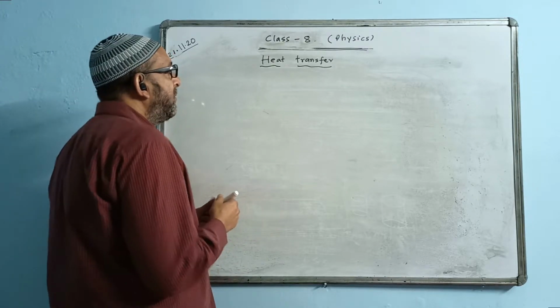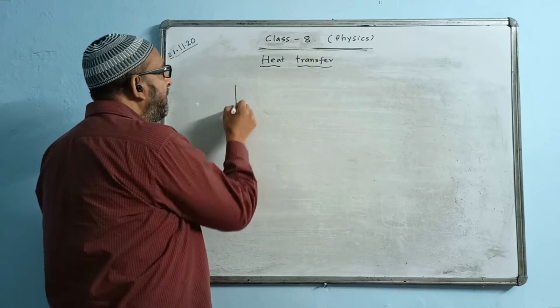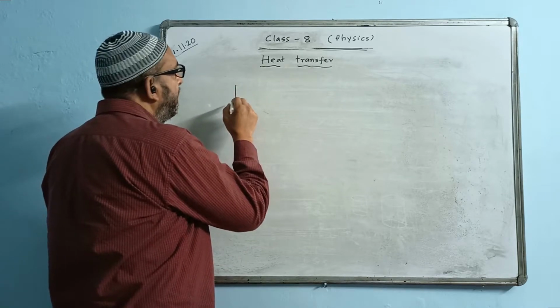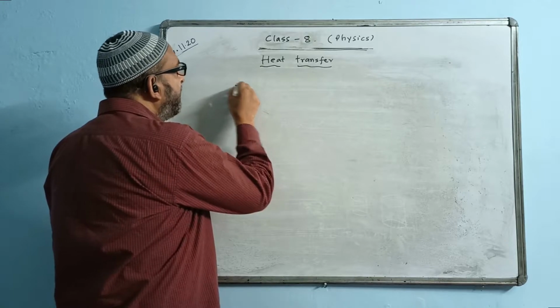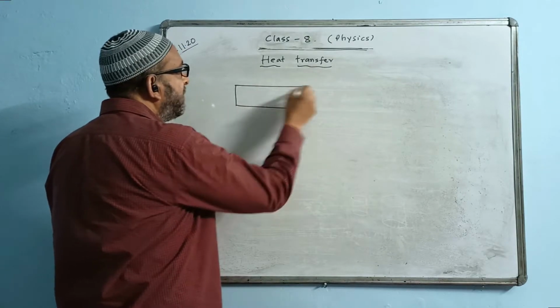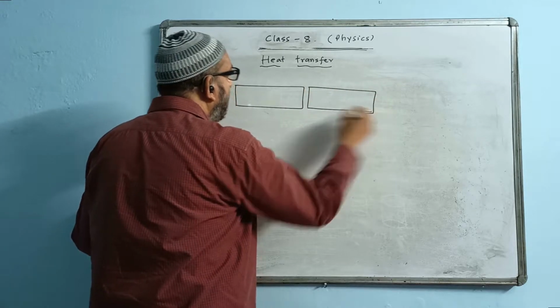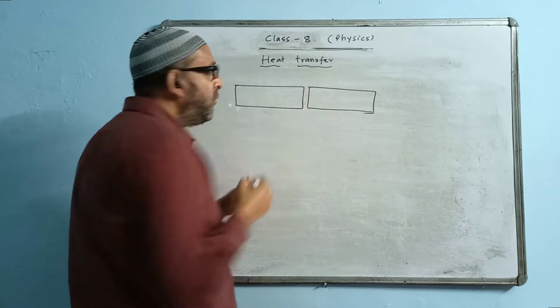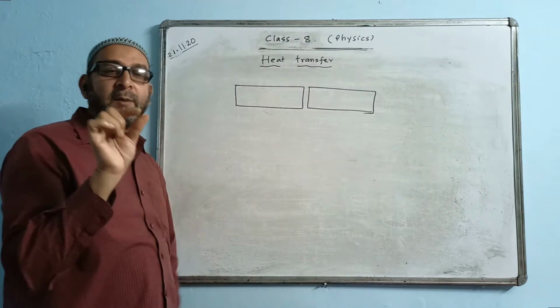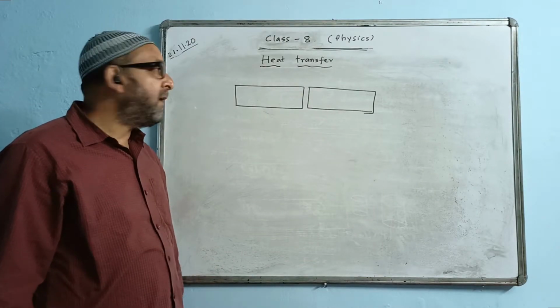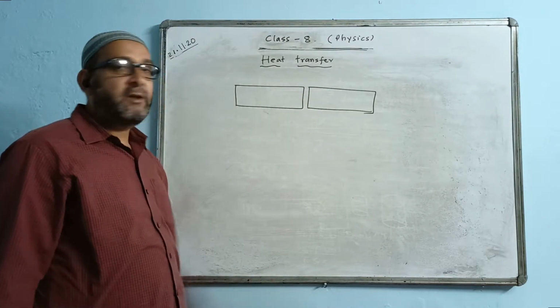Suppose we are having railway tracks like this. Between two tracks there is a small gap left. Why is a gap left between the rails?